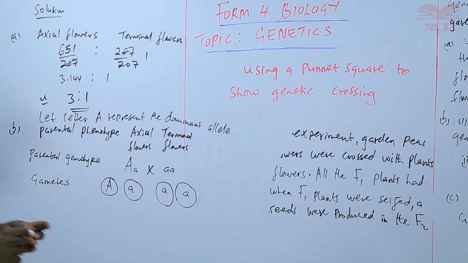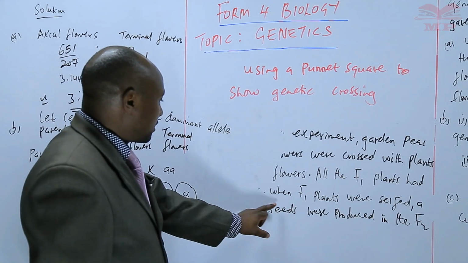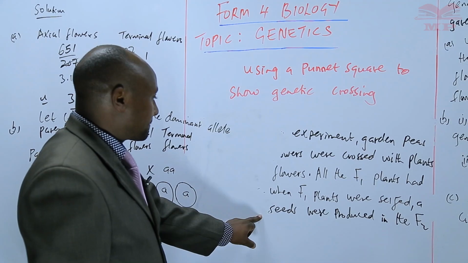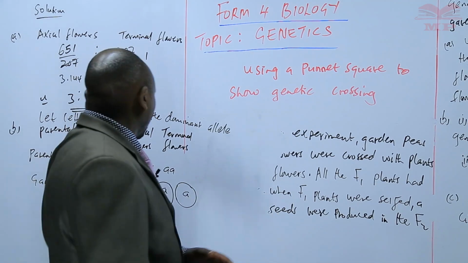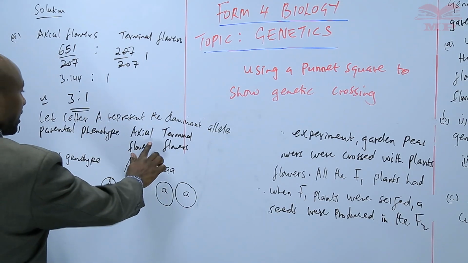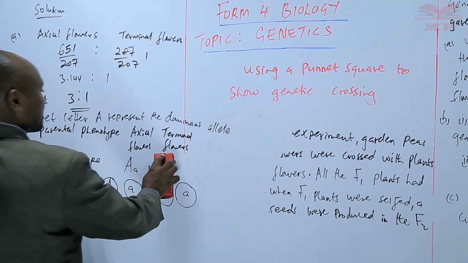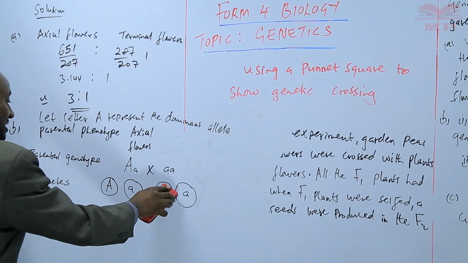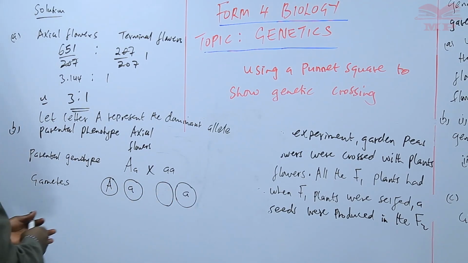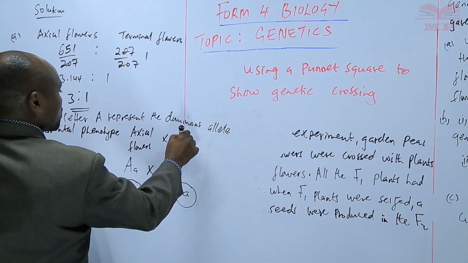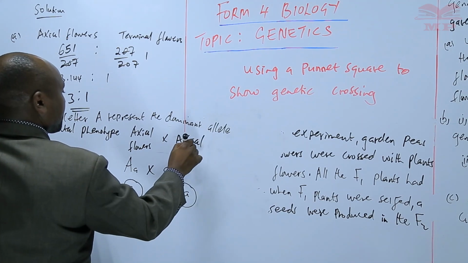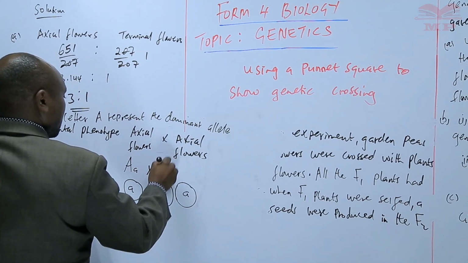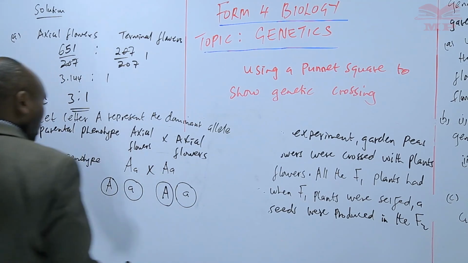There's something I want to confirm, that F1 plants were selfed. So the F1 plants were selfed. So we are using axial versus axial, not terminal and axial, because we are doing selfing, crossing with one like itself. So axial versus axial. So this will be capital A small a and capital A small a.